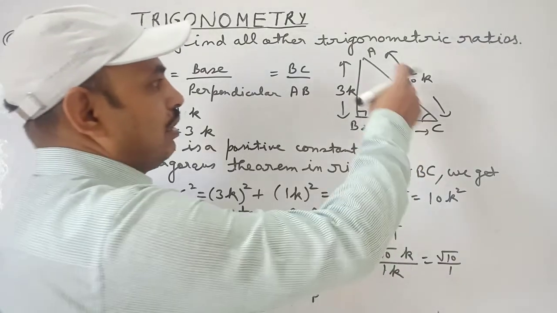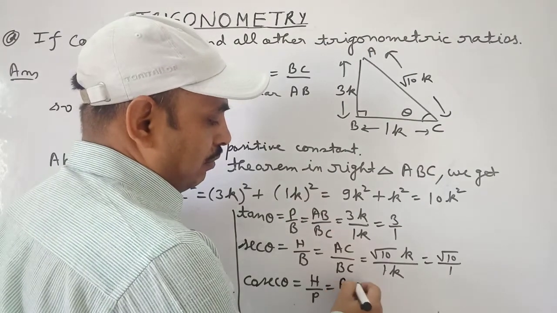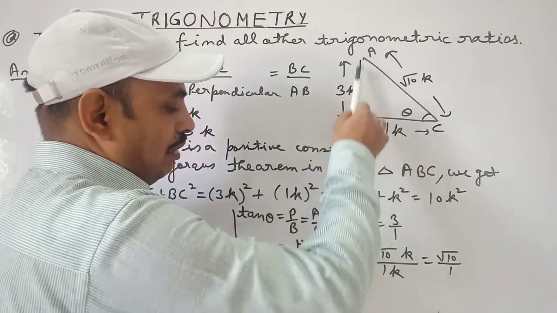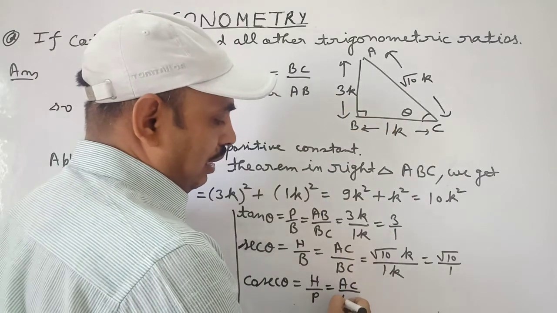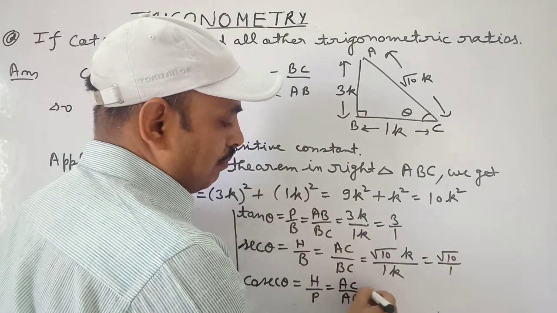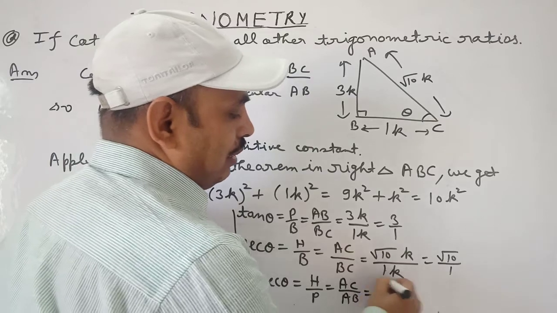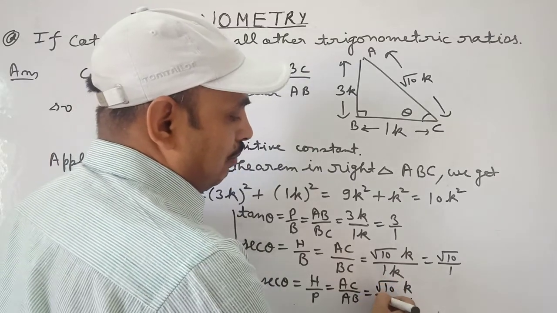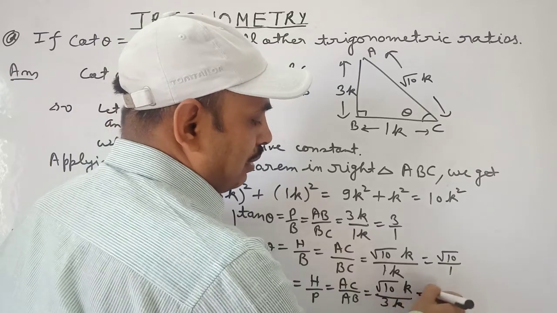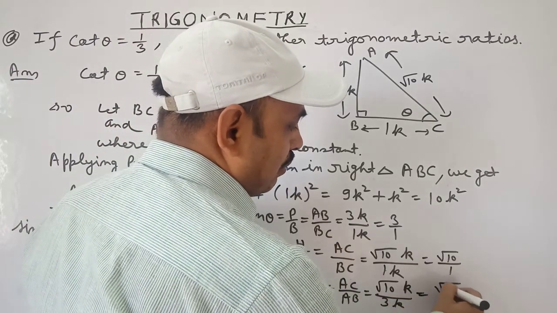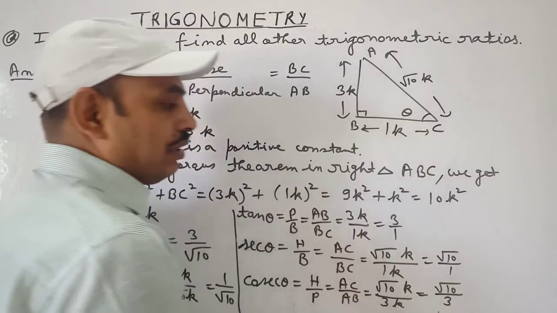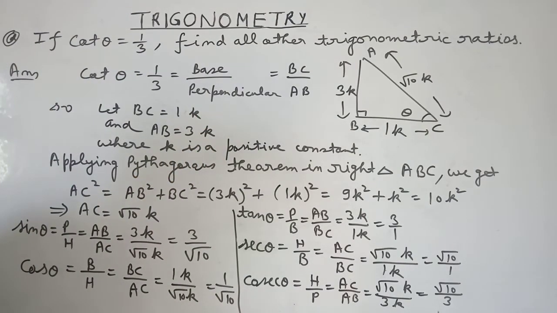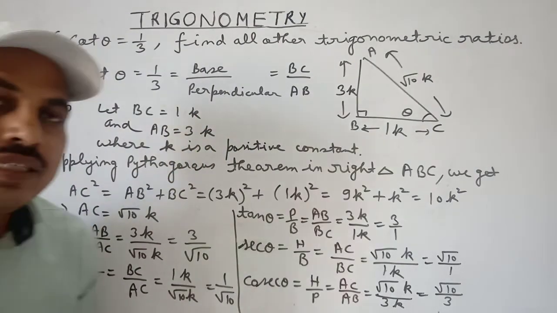Hypotenuse is AC. For angle theta, perpendicular is AB. What is AC? AC is root 10K upon AB. AB is 3K. K will cancel K. So root 10 upon 3. So these are our trigonometric ratios.